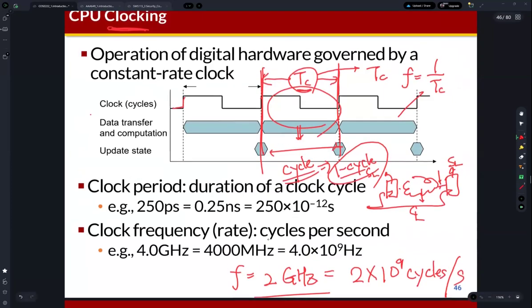So I mentioned that this is the clock cycle. So it means that we can count this amount of clock cycles per unit time. And why is this clock signal critical for the performance?